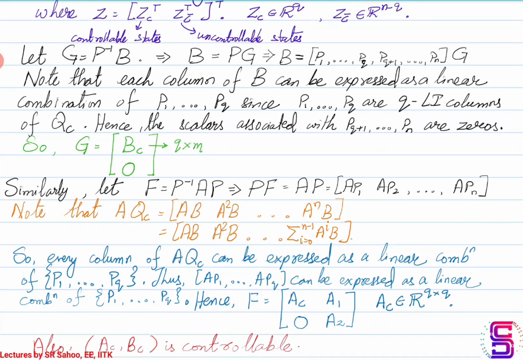There is no effect of input U in the ZC bar evolution, and hence the ZC bar state is said to be uncontrollable. There is no effect of U, no matter what you design, on ZC bar.